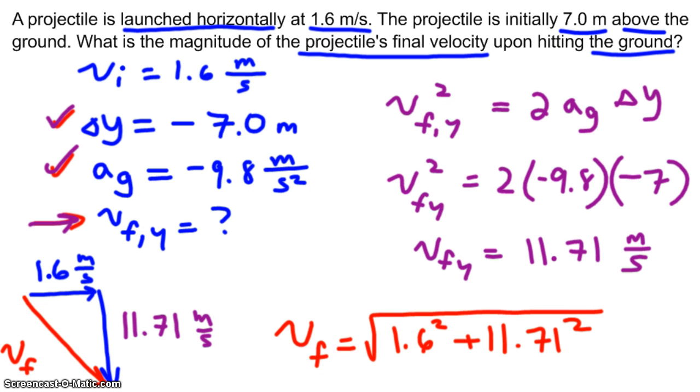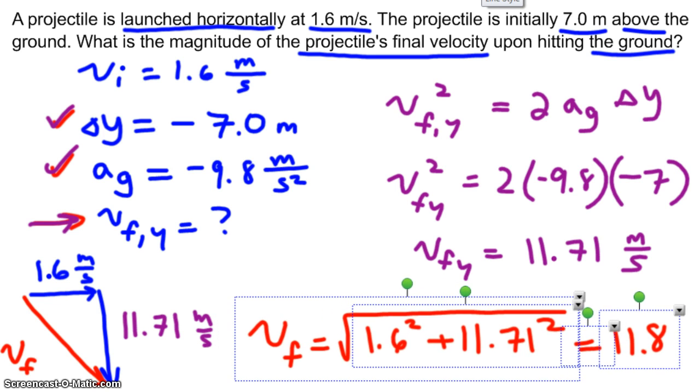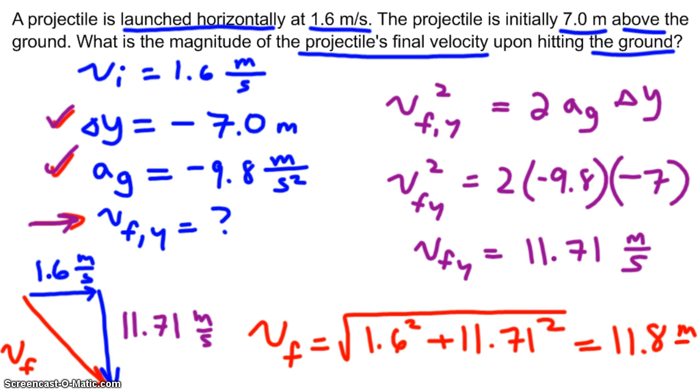You do that, and you calculate your answer. What do you get? It's going to be pretty close to 11.7. Let's see. 1.6 squared. We want to square root everything. 11.8 meters per second. So let me move this over. Cannot forget the unit. Oh, it's so important. And that is how you solve.